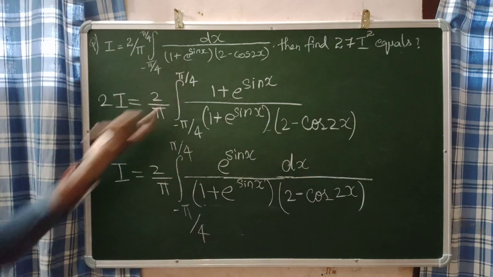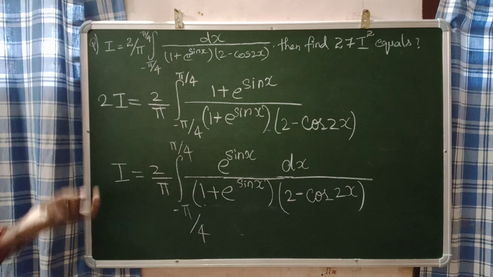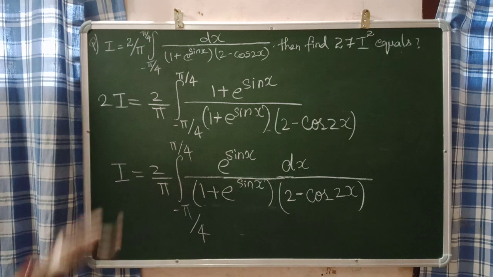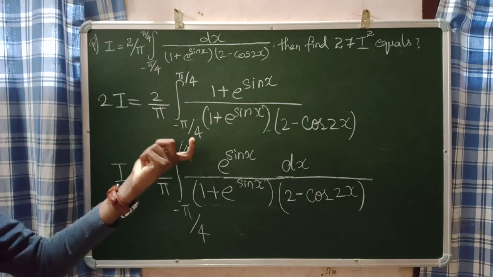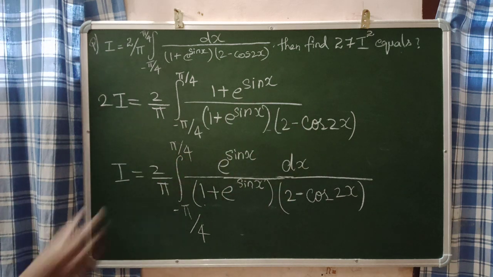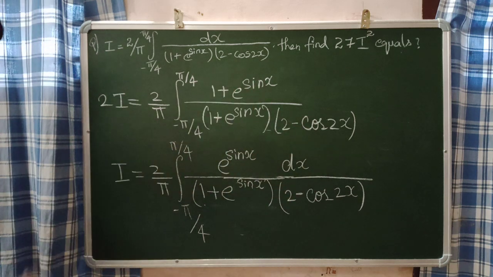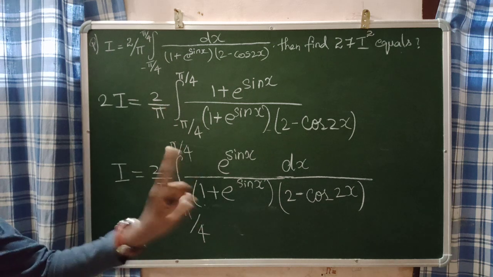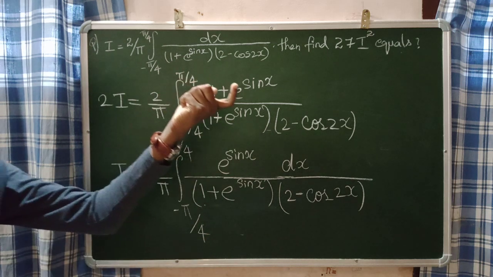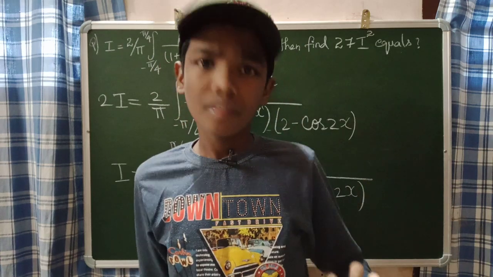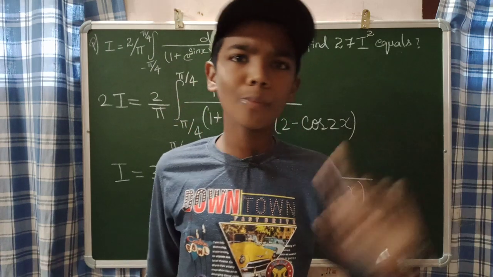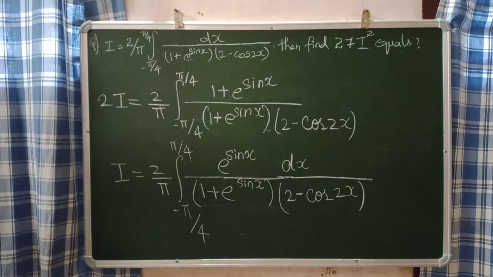The limits are the same, the constant is also the same, but it becomes 2I, because I plus I is 2I, and if the denominator is the same, I can add the numerators directly. How am I getting 1? Because if I have dx in the numerator, it means I have 1 there. That you guys must know, and that is what I am doing now.